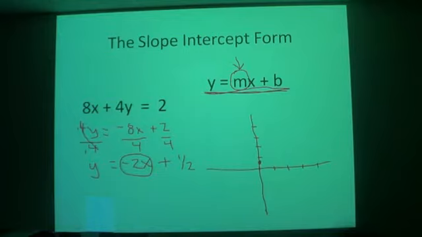And what's my slope? Negative 2. So I go over 1, run. What's my slope? My slope is negative 2 over 1. And you will remember that slope is nothing more than rise over run.